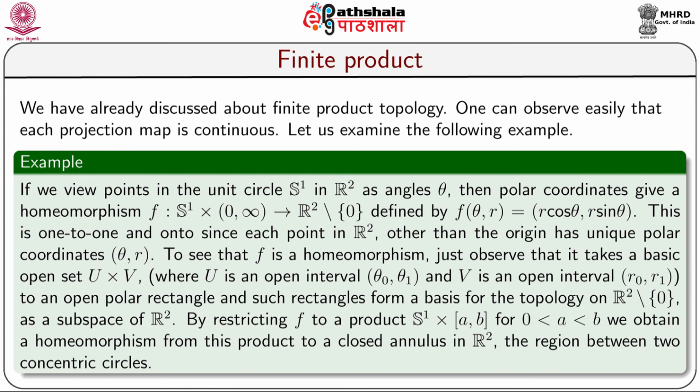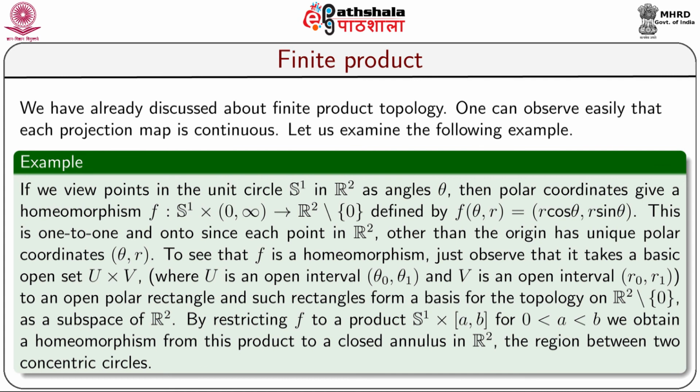We define a mapping from S1 cross (0, infinity) to R2 minus the origin by f of (theta, r) equal to (r cos theta, r sin theta). This is 1 to 1 and onto, since each point in R2 other than the origin has unique polar coordinates (theta, r).